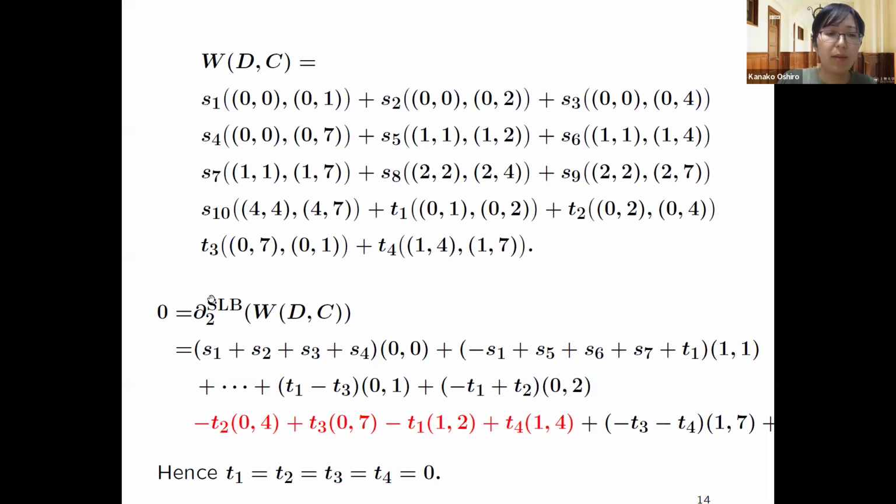And the boundary map of this weight sum should be 0. By calculating this value, we have this equality. Especially from the relations among these coefficients, we can see that T1 equals T2 equals T3 equals T4 equals 0.